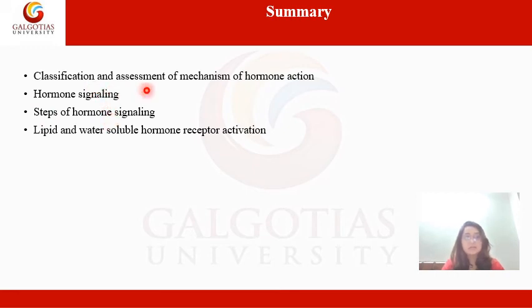We discussed the assessment of the mechanism of hormonal action, in which we discussed the steps involved in hormonal signaling, how the steroid hormone binds to the receptors in the cytoplasm, and how the non-steroidal activation of a hormone happens. Next, we discussed the steps of hormonal signaling. We discussed lipid and water-soluble hormones and their receptor activation in detail.